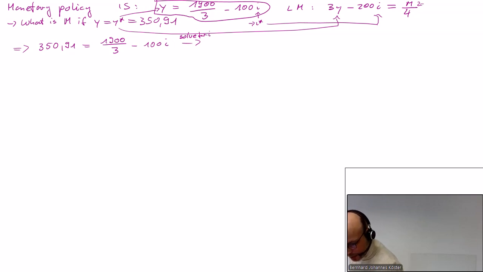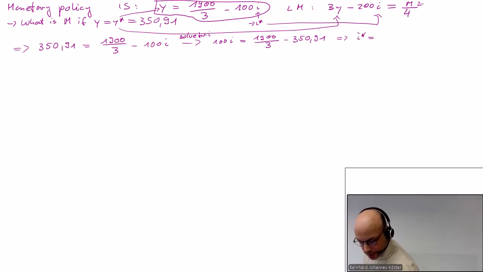So we obtain 100i equals 1900 over 3 minus 350.91, so our i star will be 1 over 100 times 1900 over 3 minus 350.91 over 100.